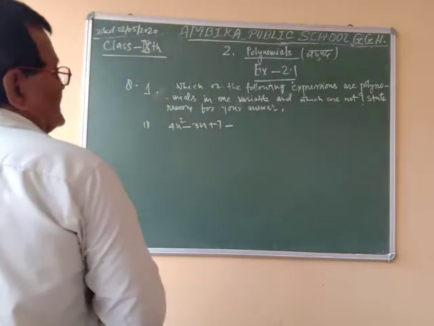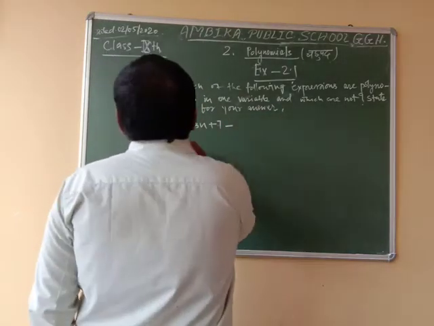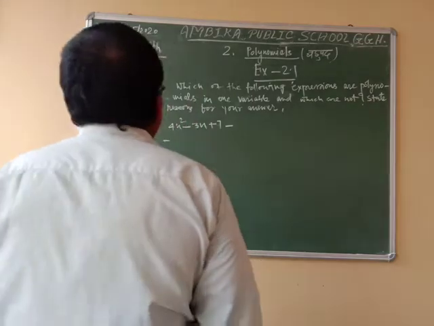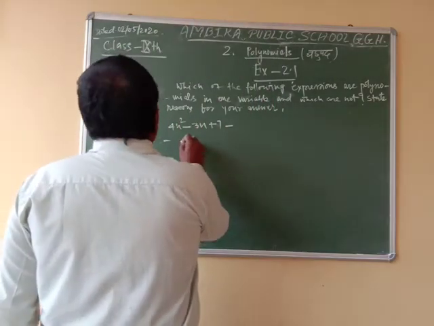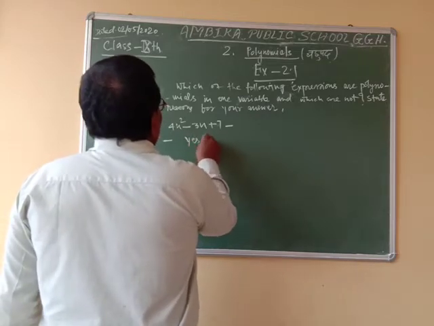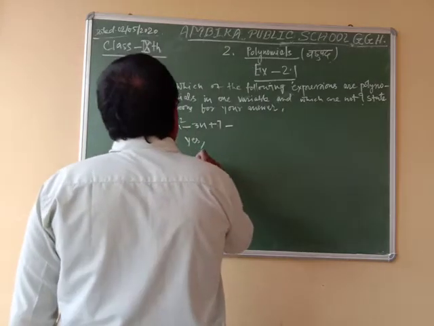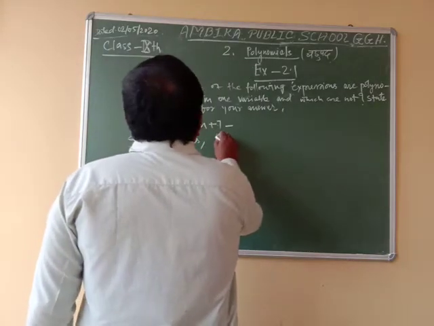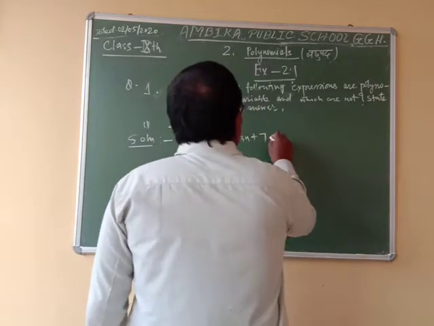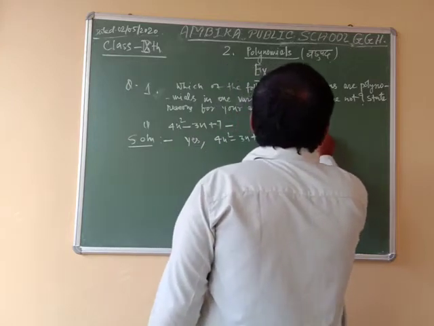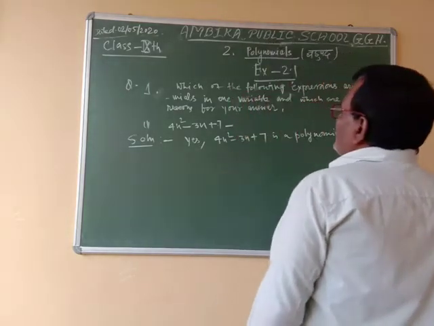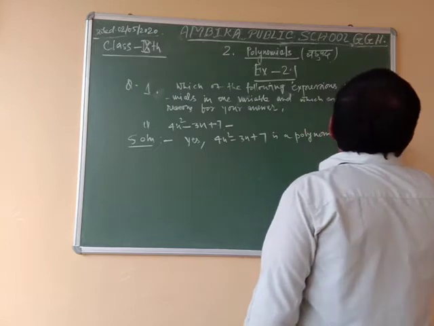Which of the following expressions are polynomials? The answer will be yes. 4x square minus 3x plus 7 is a polynomial in one variable.